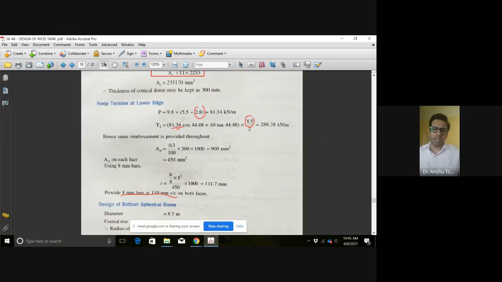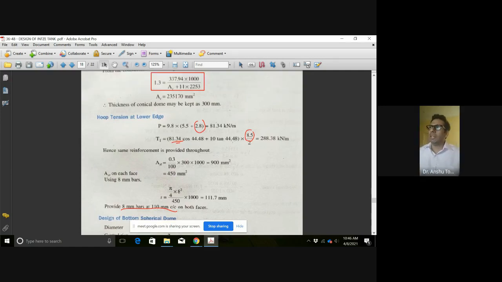Now the force due to water is going to add on, because the depth of the tank has extended beyond at the bottom level. So here we have added 2.8, which is the maximum level. You can straight away add H3 to the 5.5 meter depth.